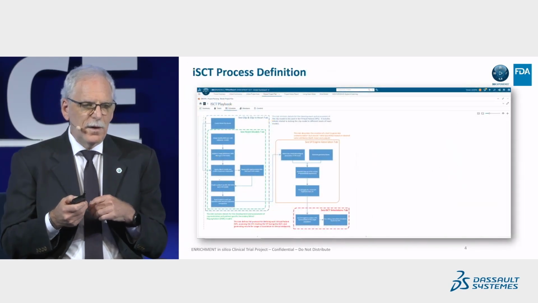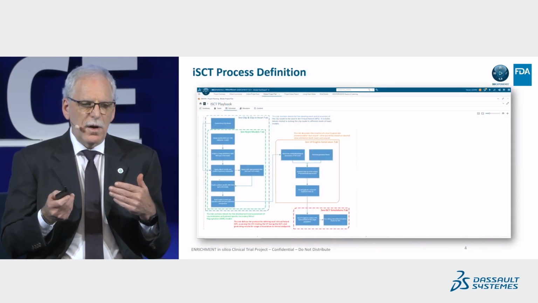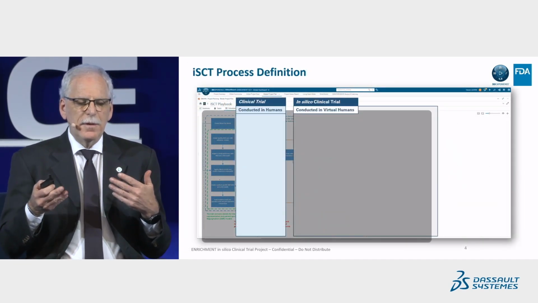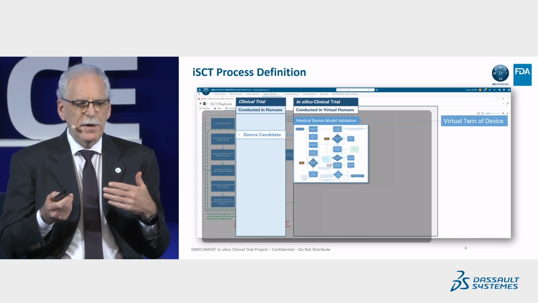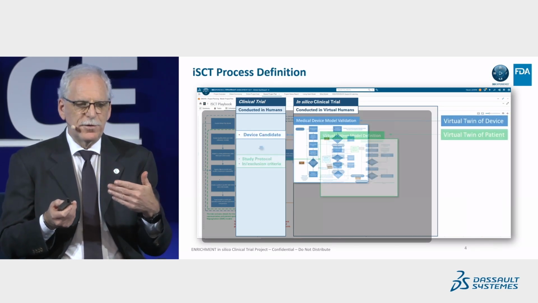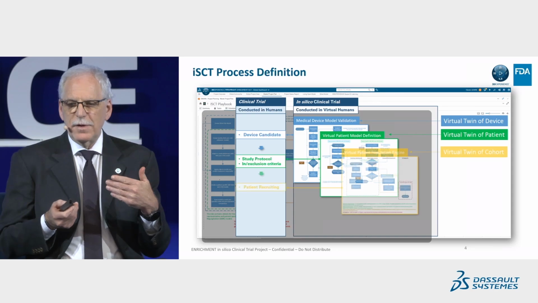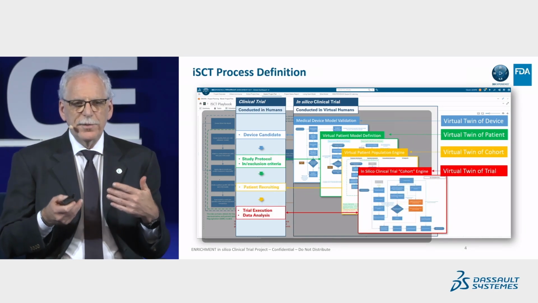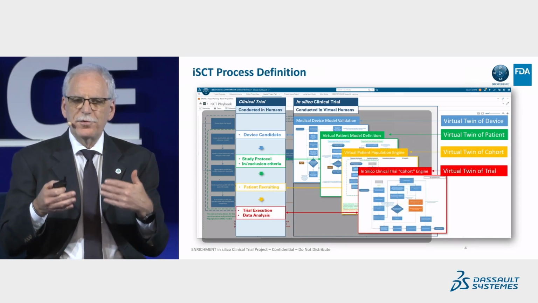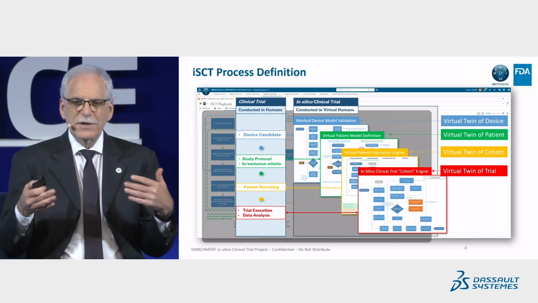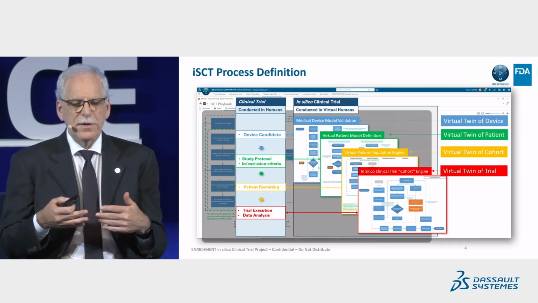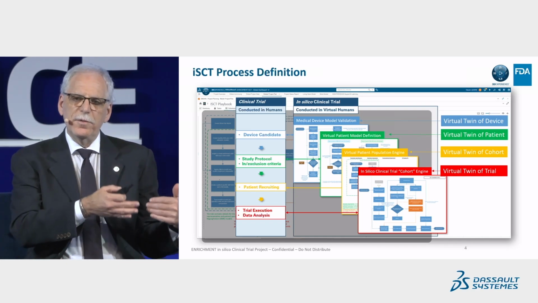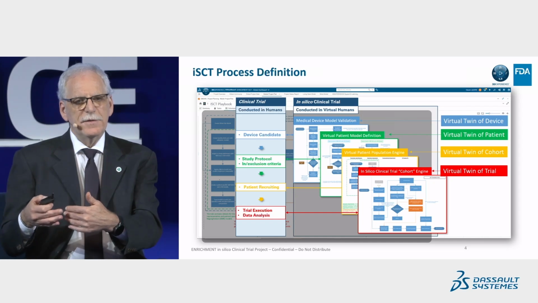So what we defined was a step-by-step process where we created a parallel between a real clinical trial and an in silico clinical trial. Because you're including the patient, you're including the treatment, you're including the interaction between the treatment and the patient, there's an analog between what you do in the real world and what you do in the in silico world.